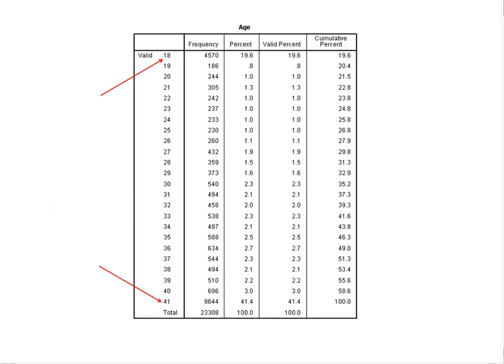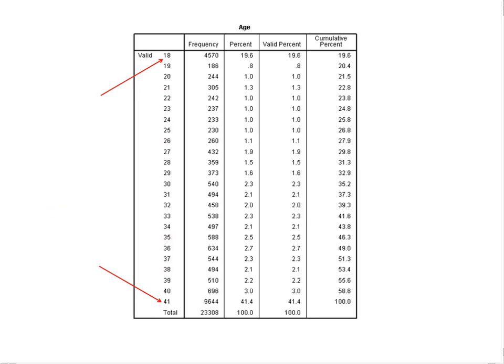Here's an age variable where it looks like it's just a range from 18 to 41, and so was that intentional? Well, in this case, it probably wasn't, unless 41 is some sort of missing value or values describing everyone outside of the survey or the group of respondents asked this particular question.